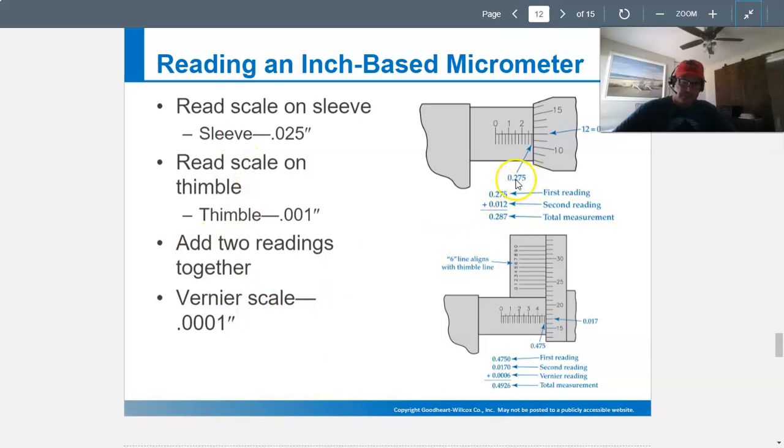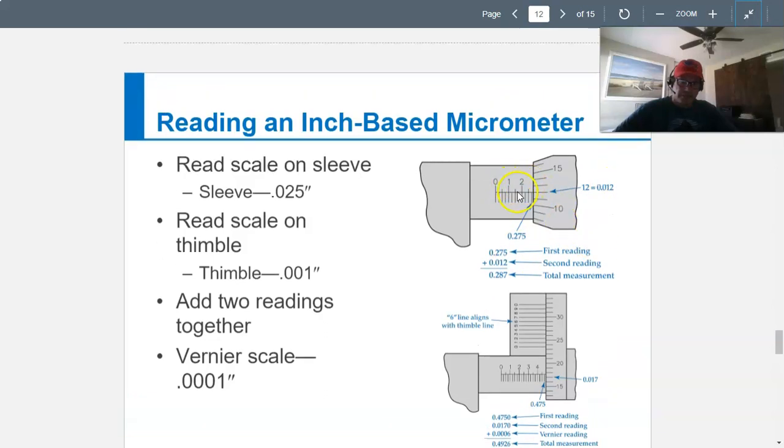On the sleeve here, we have graduations from 0 all the way to 1 inch, and it's divided into 10 segments. So this first numbered graduation, 1, is 100 thousandths. The second numbered graduation is 200 thousandths.